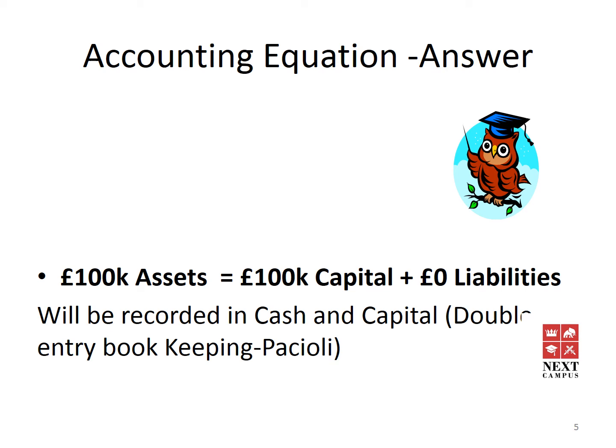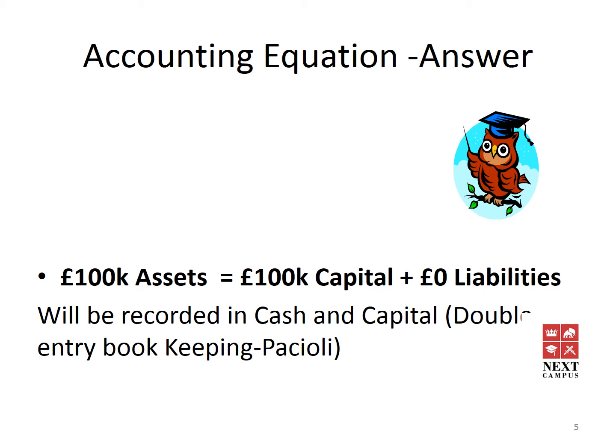Another example. An owner has invested his motor vehicle into the business. So assets will go up on the left hand side, the motor vehicle, a long-term asset. On the right hand side, the equity will go up. Another one.